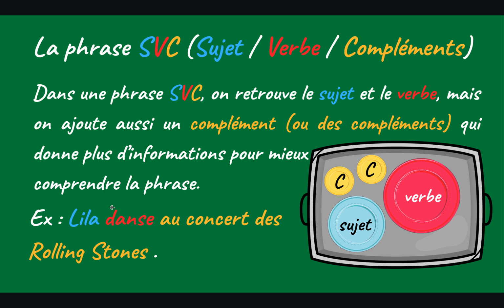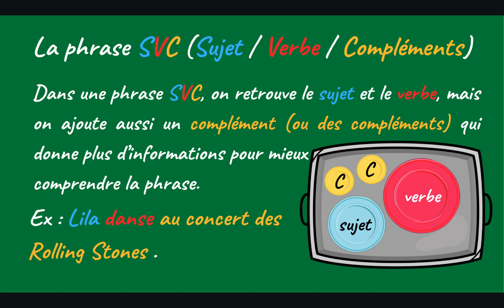For example, here, Lila danse au concert des Rolling Stones. I now have information about her localization, au concert, at the concert, au concert des Rolling Stones. So it adds more sense to my sentence, okay? More information. It's not just a basic sentence. It's a full sentence with information about not only what Lila is doing, but also where she is doing it.